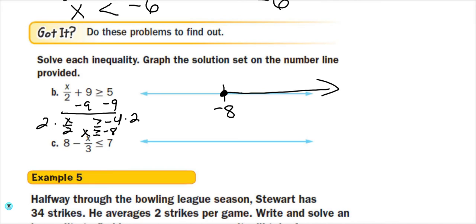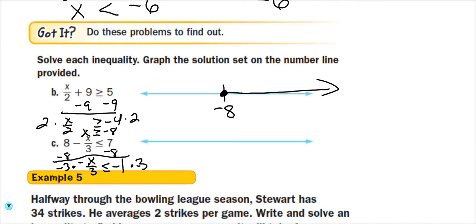Okay, next one. We have 8, so we need to subtract it. We have negative x over 3 is less than or equal to negative 1. Sorry about that. All right, now we have a negative out front, so what we're actually going to do is take the negative 3 with it.